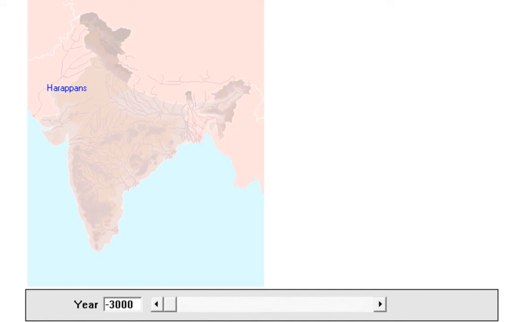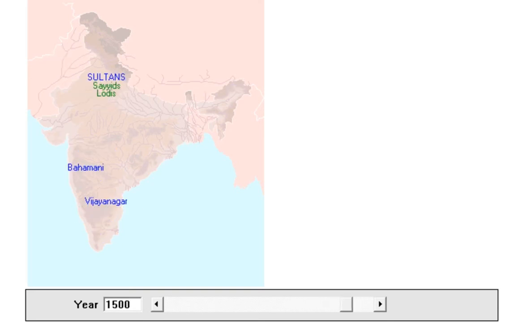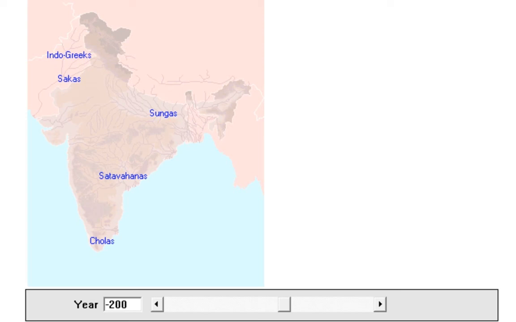If you click here, you can see as the years advance, what has happened to India. So by moving up and down, we can see the relative differences of each era, and it's very easy to understand that way.